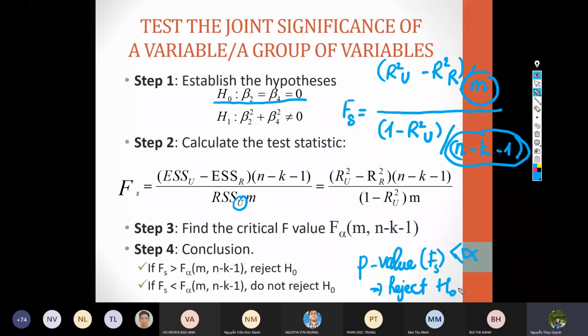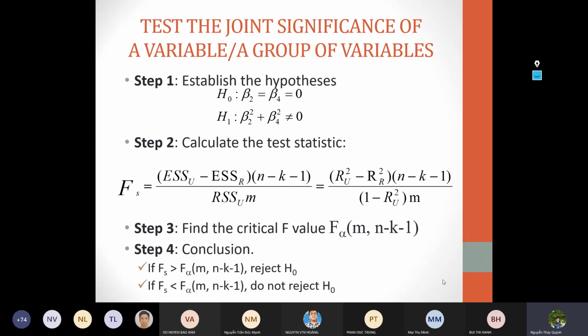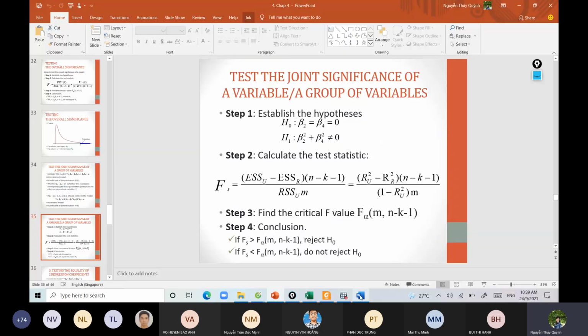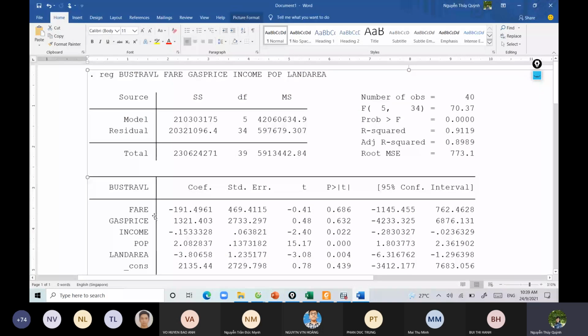All right. So now let's do this for our example here. Let's check whether we want to leave fare and gas price out of the model.